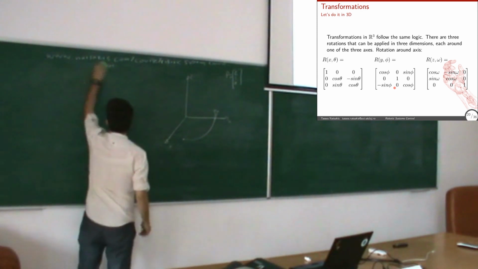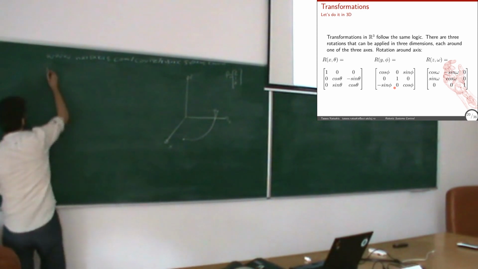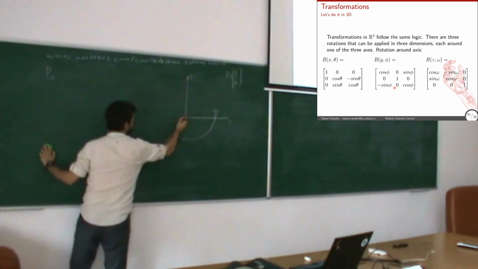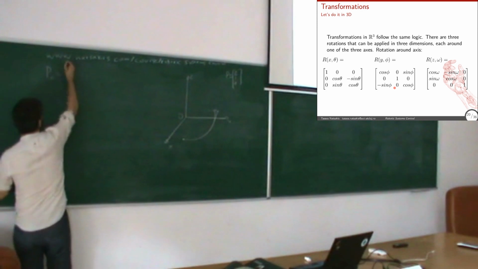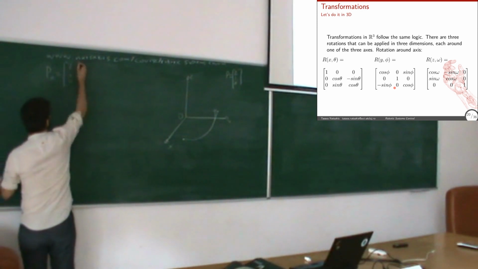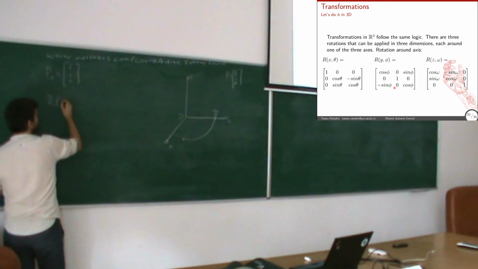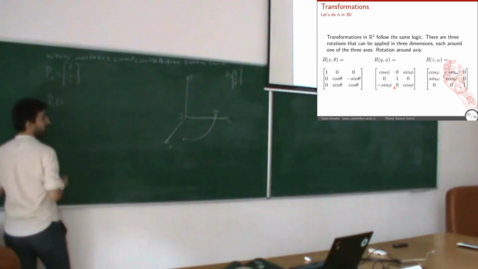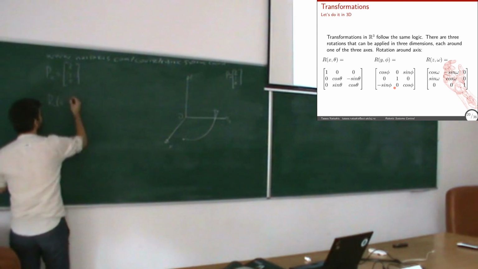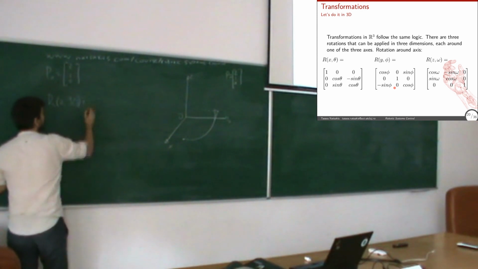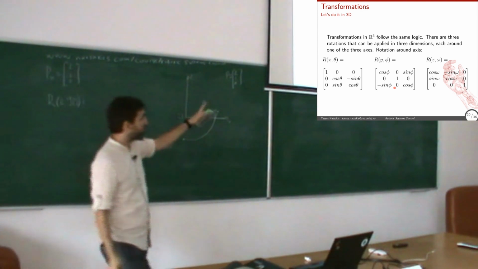So I have a point with coordinates 2, 1, 0, and I have a transformation around Z by 90 degrees. Which transformation matrix do I care about?